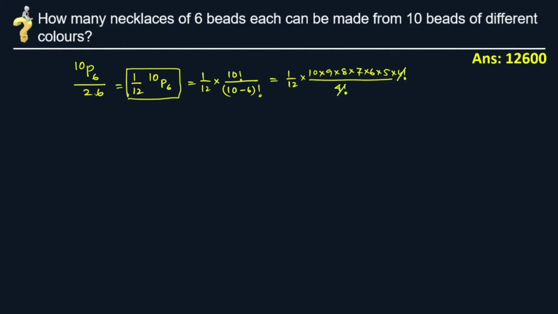So this goes off. 12 goes off, 6, 2, and then it is 5. So we are having basically 9 5s are 45, 7 8s are 56, into 5. So 45 into 5 gives us 225 into 56, which is 12,600. That's your answer.